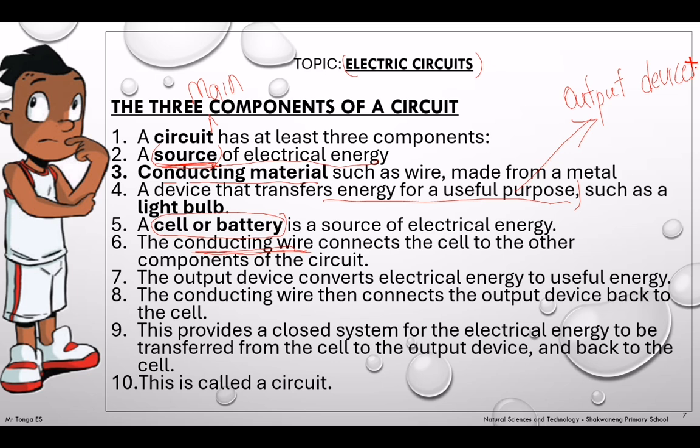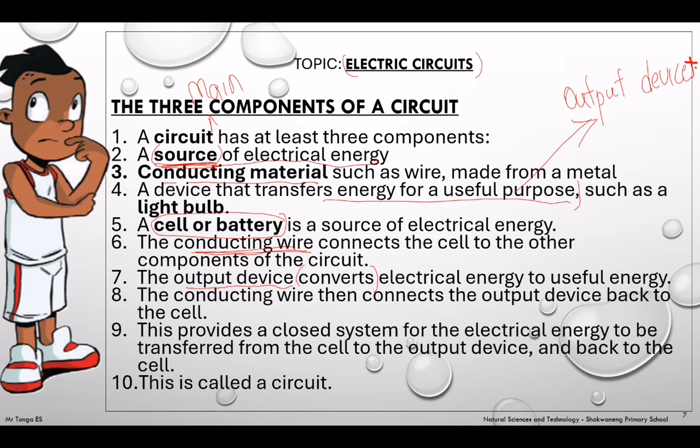They take the energy from the source or the cell, and then they take it to where it is needed. Now, where is it needed? It is needed at the output device. And what this output device does is that it converts the electrical energy into another form of energy which will be useful to us.